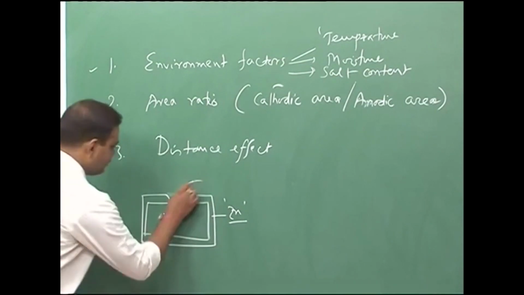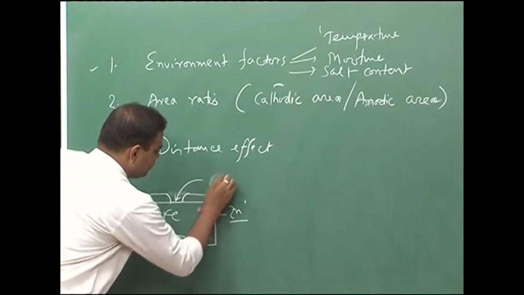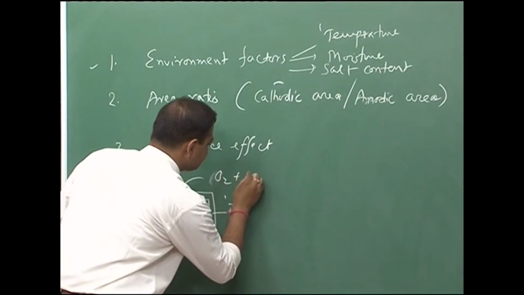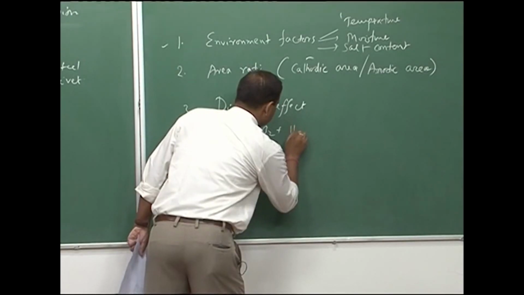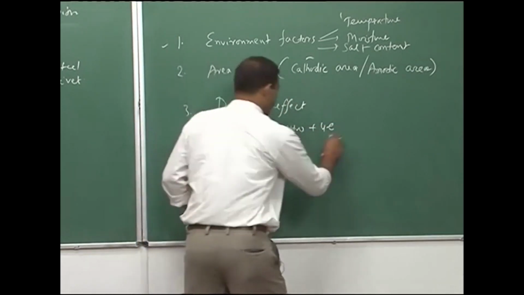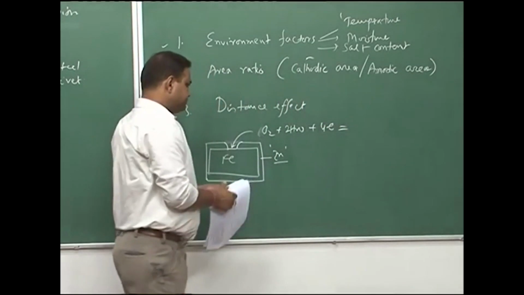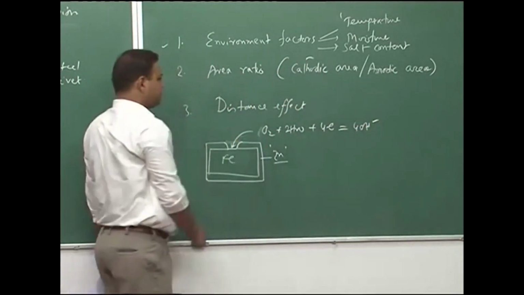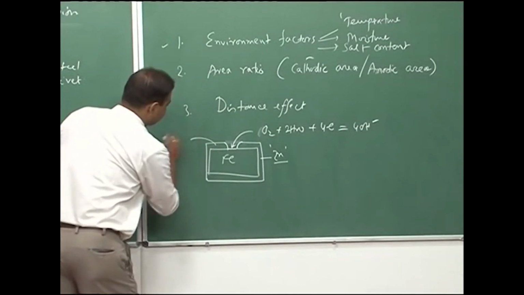The cathodic reaction, in normal atmosphere or seawater, is O2 plus 2H2O plus 4e- forming 4OH-. This is cathodic, and the anodic reaction will happen.